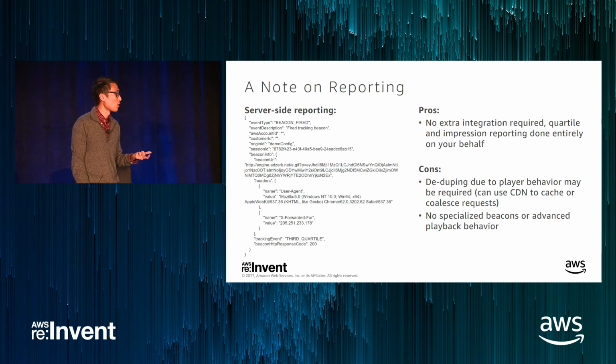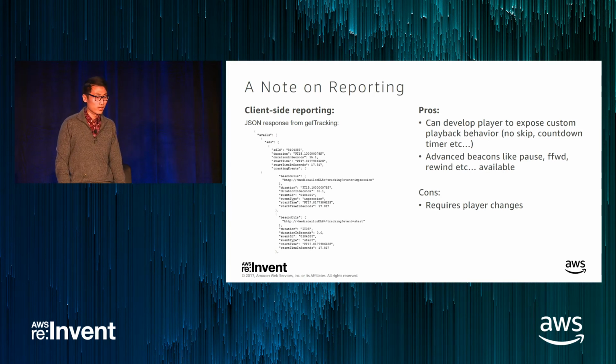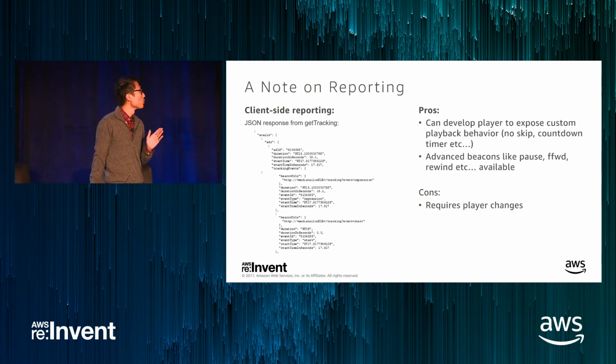Those metrics are only possible on the player side, which brings us to client-side reporting. And client-side reporting is available through an API. When you call this API, we respond back with metadata about the ad break.